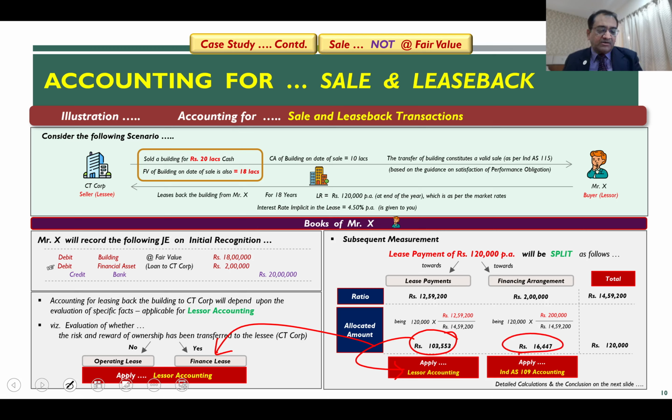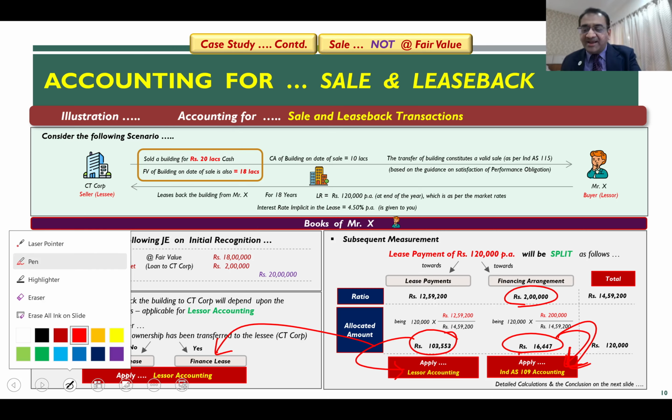And this amount is something to which Ind AS 109 financial instruments accounting would be applicable. That means here you will have to develop a debt amortization table for this 2 lakh rupees in such a way that during the period of the lease, the amount gets knocked off to 0.